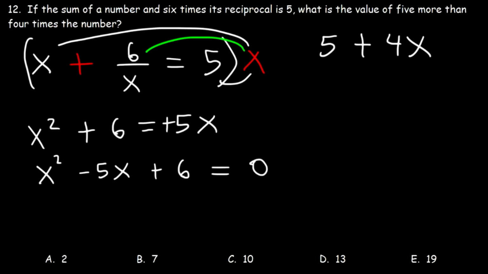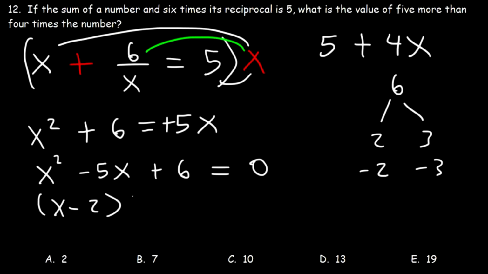So now what we can do is factor in order to solve this quadratic equation. So what two numbers multiply to 6 but add to the middle coefficient negative 5? We know that 2 times 3 is 6 and it adds up to positive 5, so we're going to use negative 2 and negative 3, which adds up to negative 5. So it's x minus 2 times x minus 3.